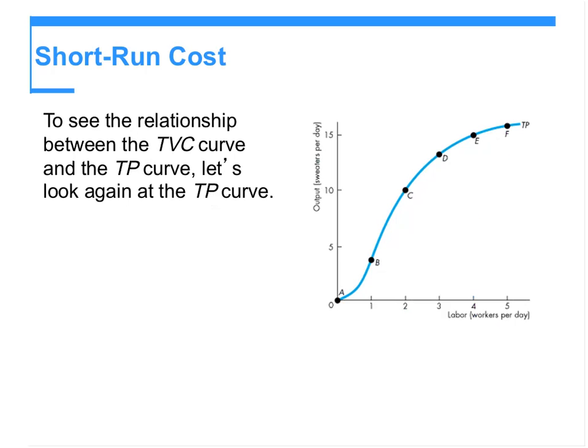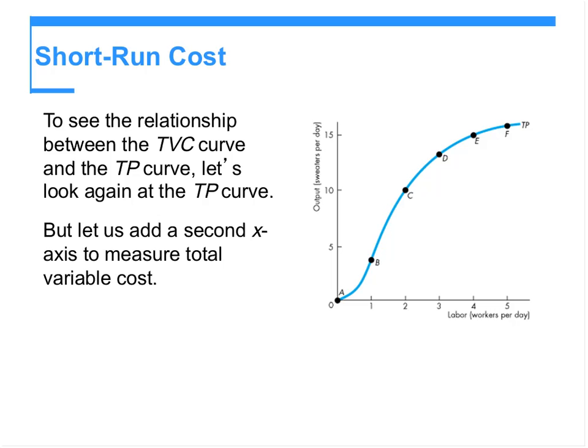So, to see the relationship between the TVC, this total variable cost curve, and TP, total product curve, let's look again at the TP curve, total product. This is the total product curve. Let us add a second x-axis to measure total variable cost. Add another x-axis, and now we're going to look at the cost.